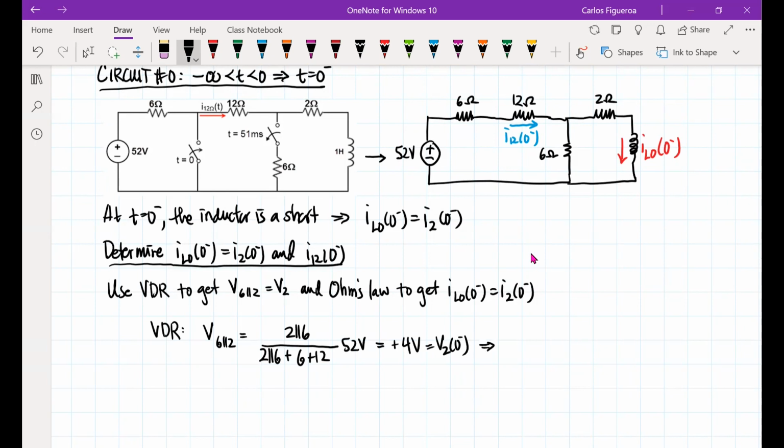So then I know that the current of the 2 ohm resistor has to be this voltage divided by the resistance, 4 divided by 2, so I get 2 amps. And that's going to be my inductor value right there. So there's my initial condition for the inductor.